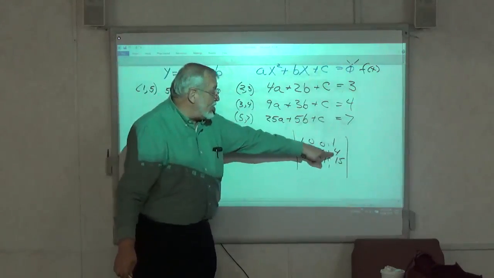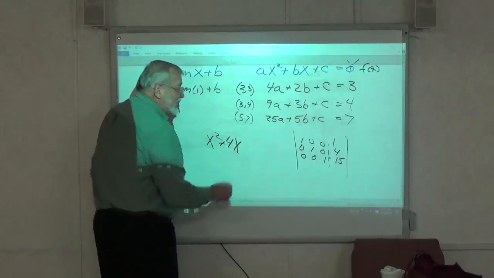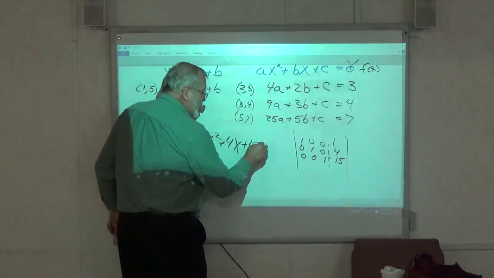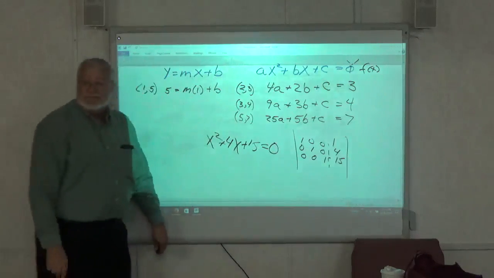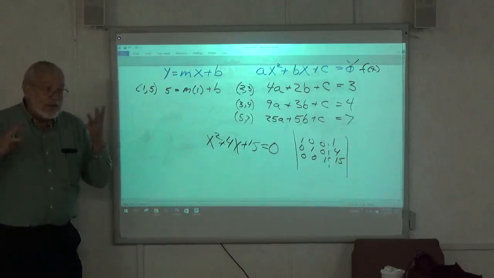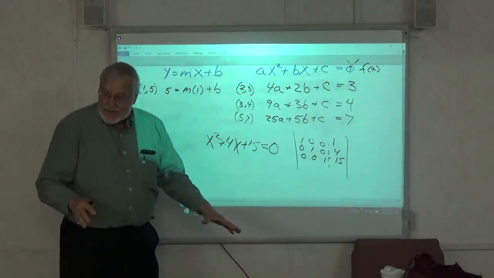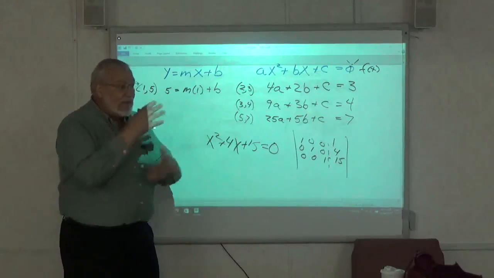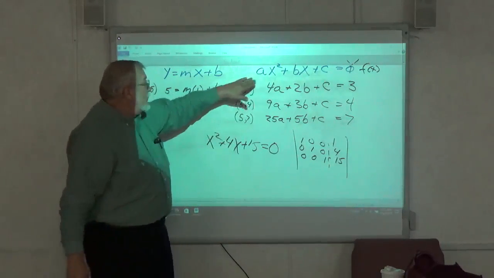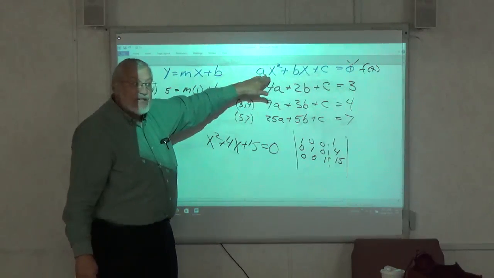What does B equal? 4. That means plus 4x. And what does C equal? 15. Plus 15 equals 0. And so given 3 points, now that we have worked on matrices and know how to solve them, we can jump from linear equations to quadratic equations.